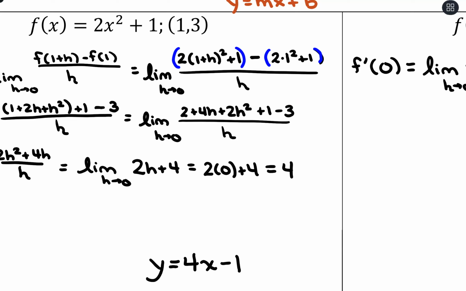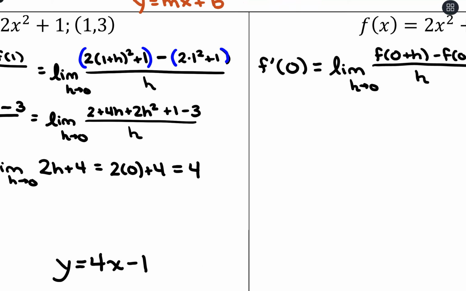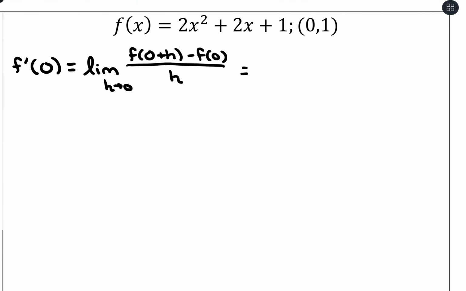It's good practice to plug in, especially if they only tell you that x equals 1, because then you'll have to calculate it. So the y coordinate won't always be given to you, but you can always find it. So limit as h approaches 0, we're looking at 2 times 0 plus h, which is really just h.